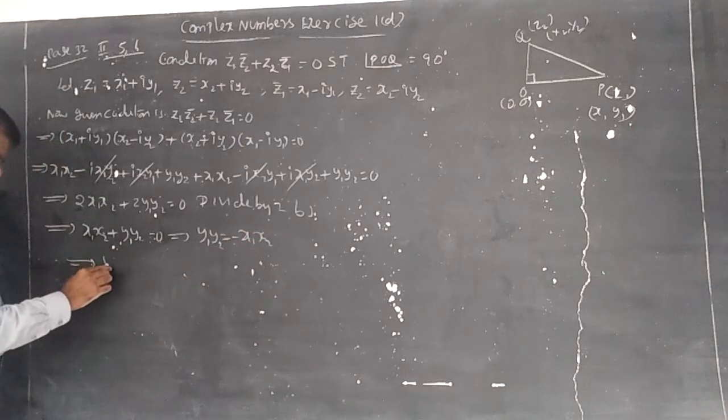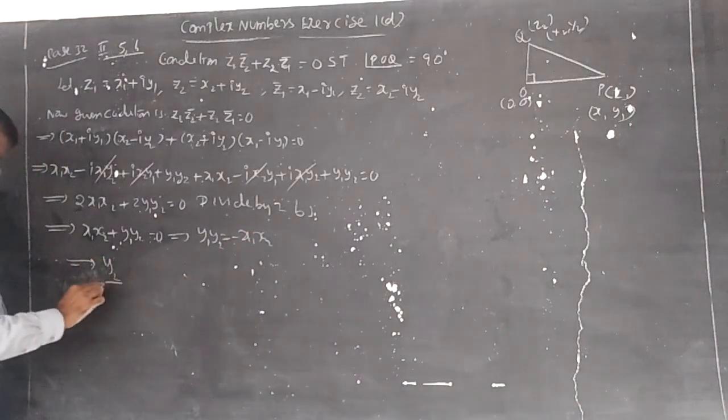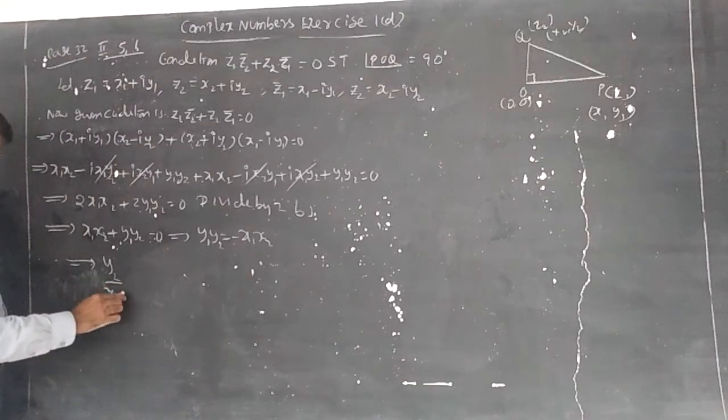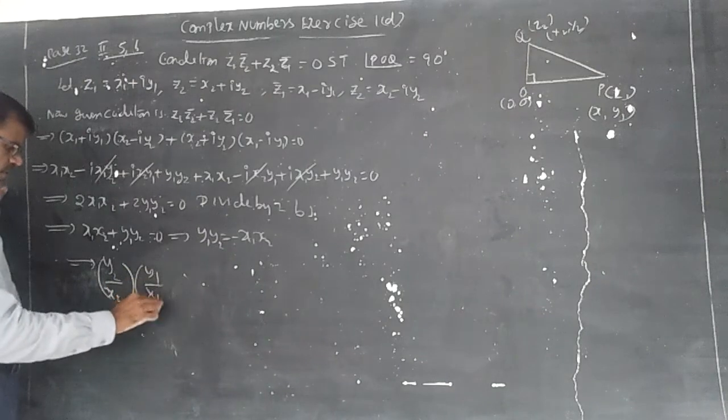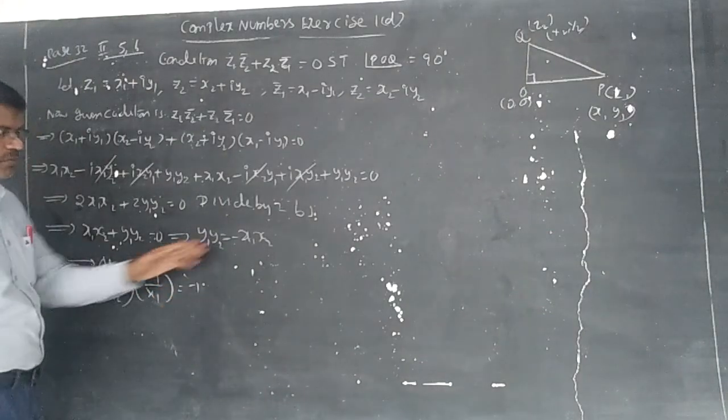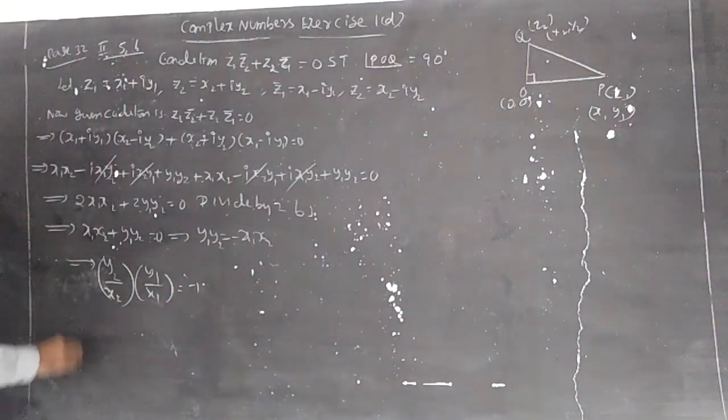And next step, write like this: y2 by x2 within brackets and y1 by x1 is equal to minus 1. Those terms taken this way, you can write like this.